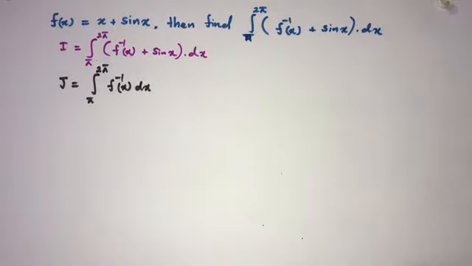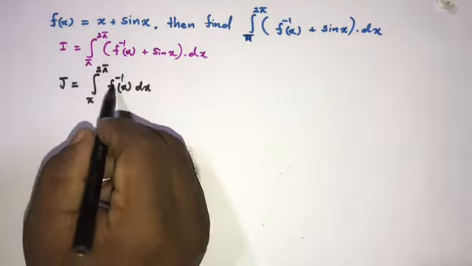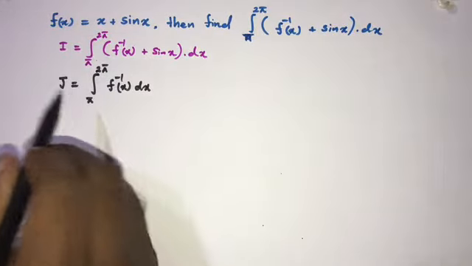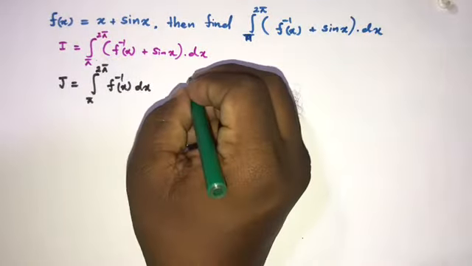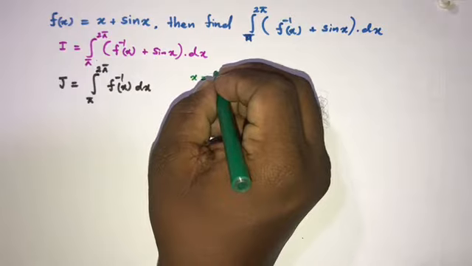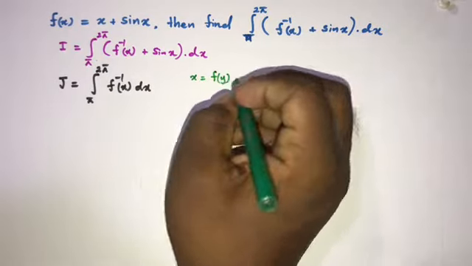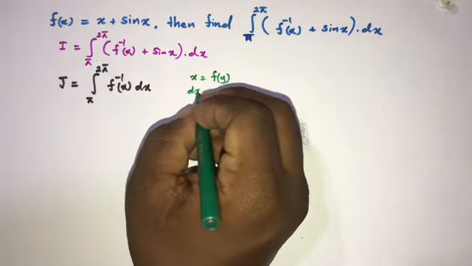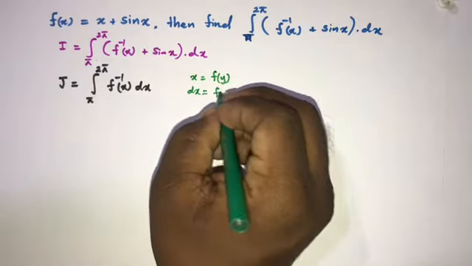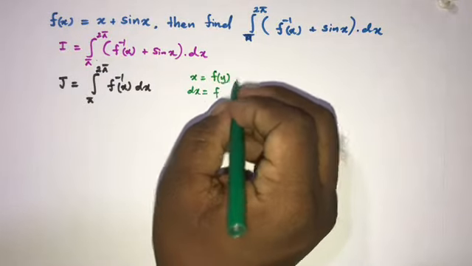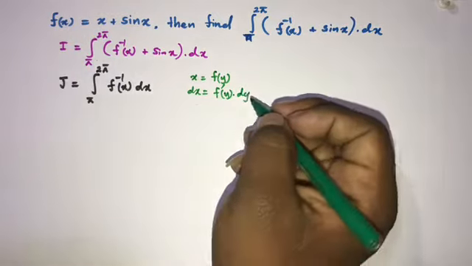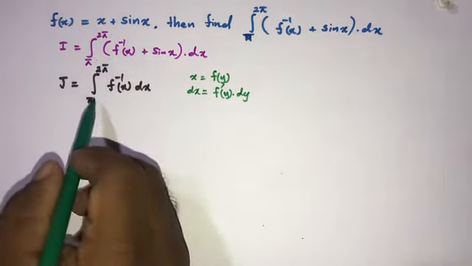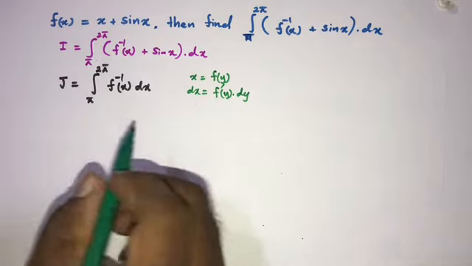Then to evaluate this integral J, I'm going to take a substitution. If we take x is equal to f of y, then differentiating, dx is equal to f dash of y dy. Now we should change the lower limit and upper limit.